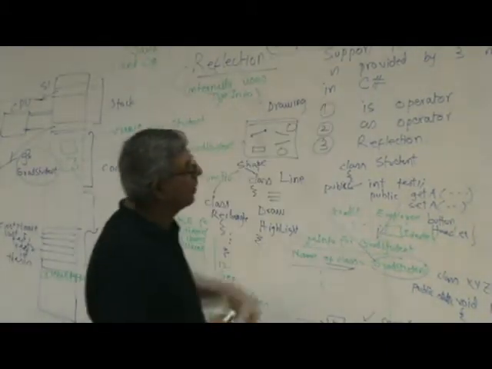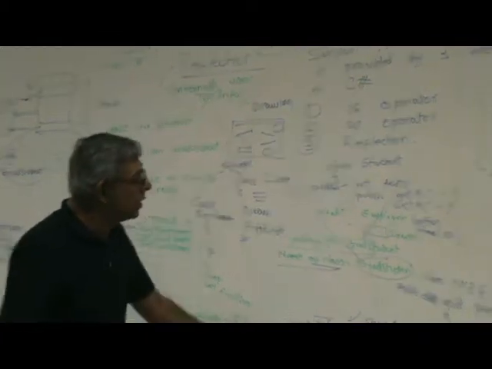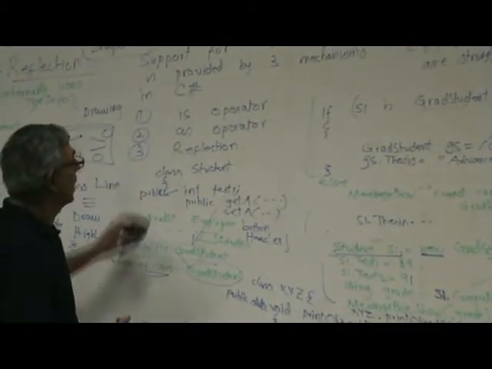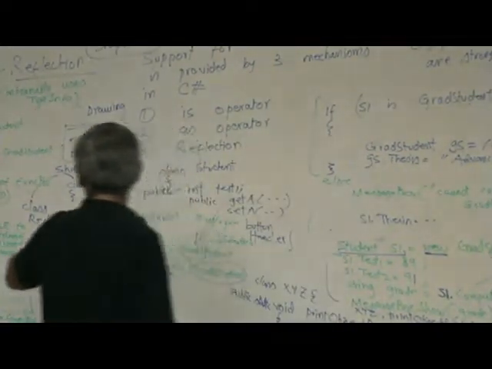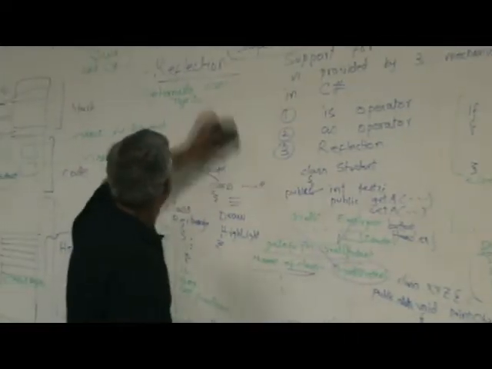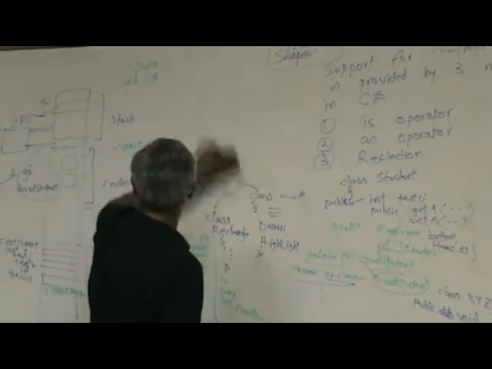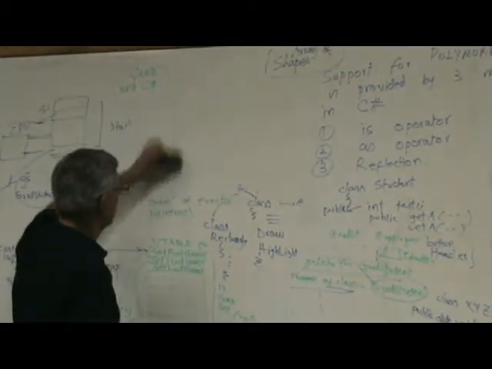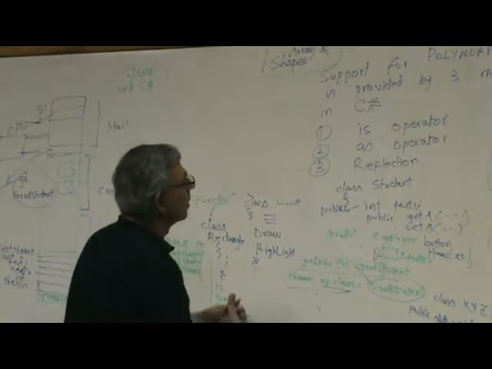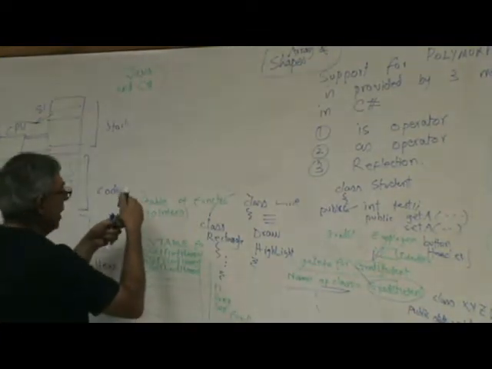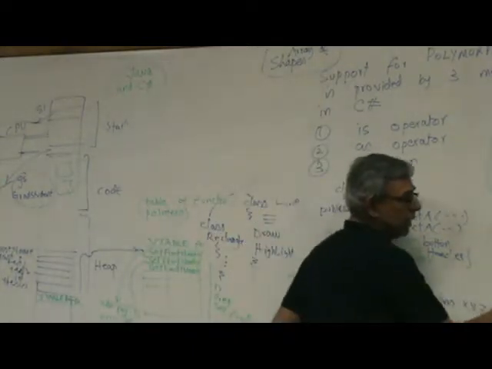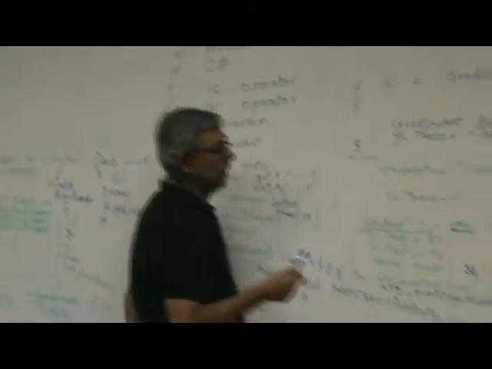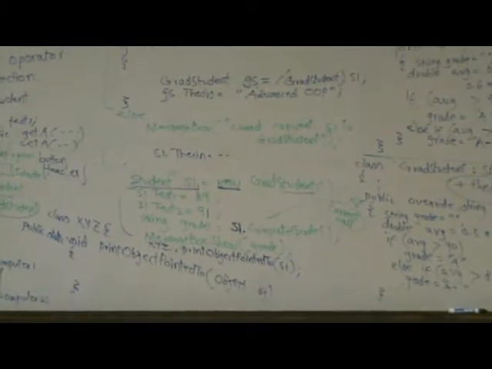So coming back over here, that was the is operator. Now let me show you similar code using the as operator. The code for the as operator will look something like this. Again, pretend we've already written S1 equal to new GradStudent, and we wanted to set the thesis.